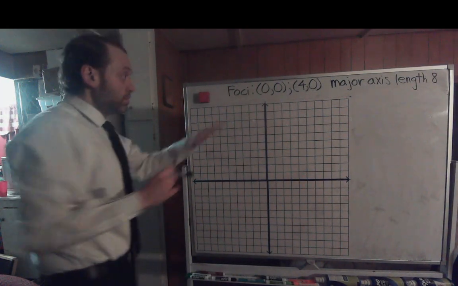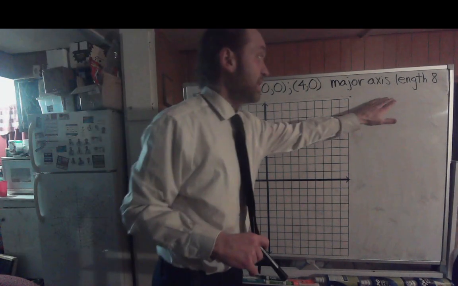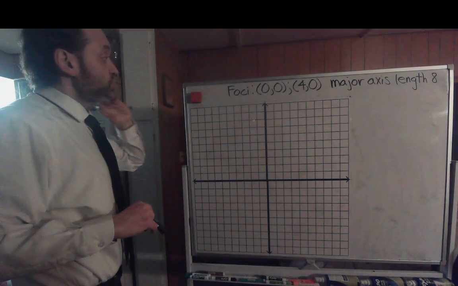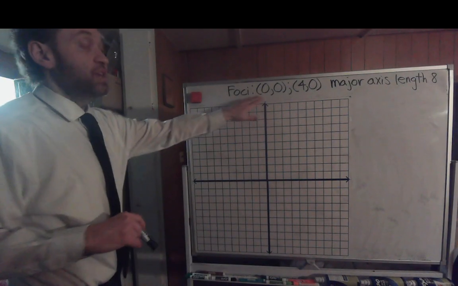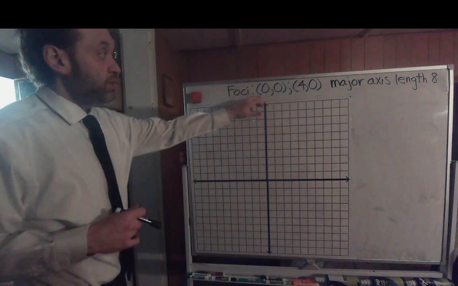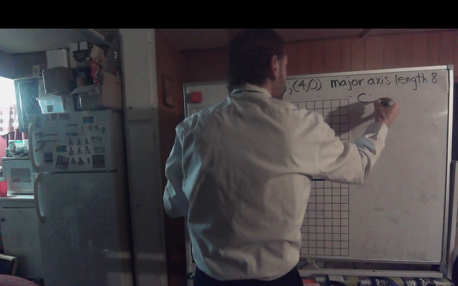Well, what's true about the foci? The center is halfway between the foci. Halfway between 0, 0 and 4, 0 would be 2, 0, so the center would have to be at the point 2, 0.